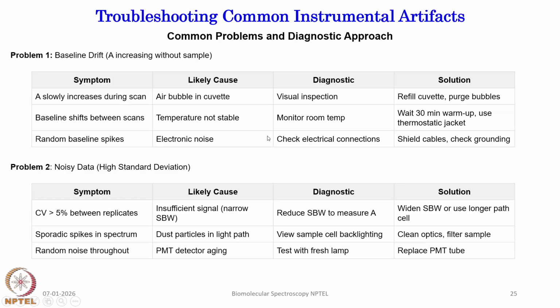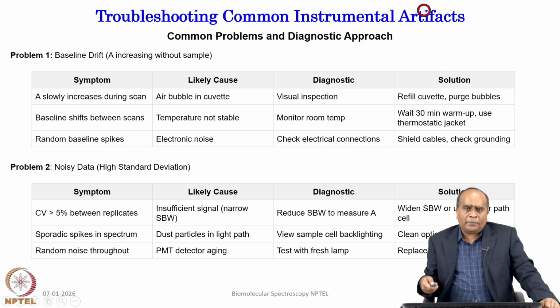Finally, some common problems that people can face. Common problems and diagnostic approach: one can have a baseline that increases without sample, slowly increasing during the scan. That is the symptom, and it can be caused by an air bubble in the cuvette. Many times it is not the instrument, it is your sample.